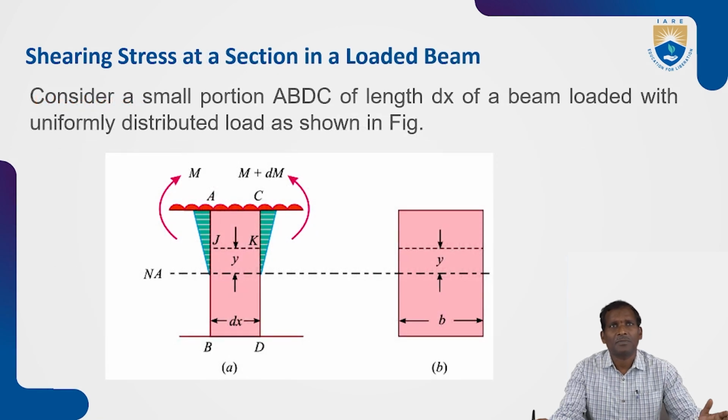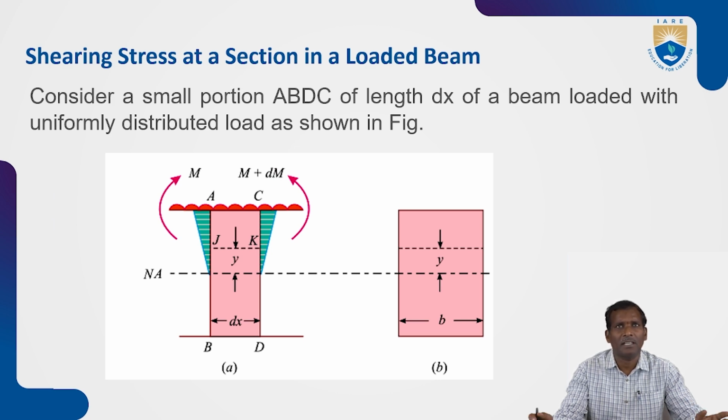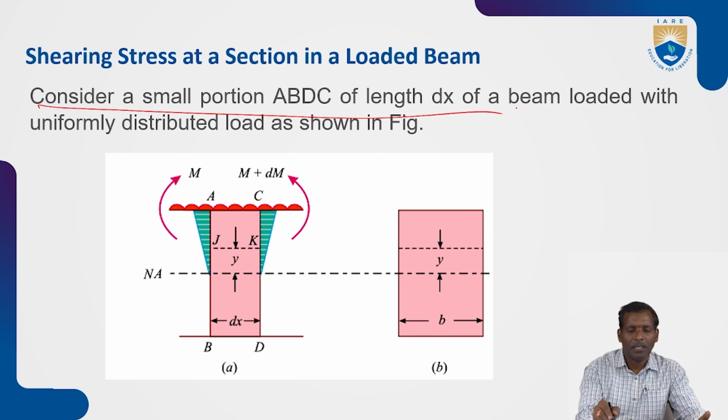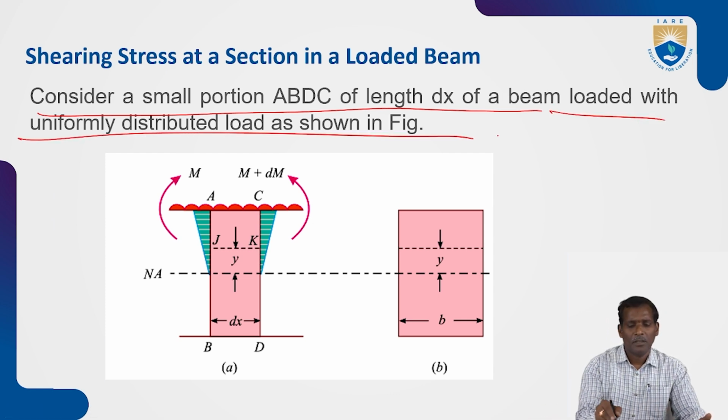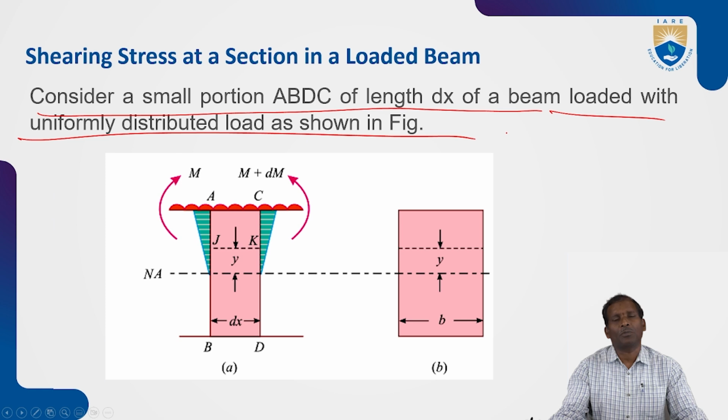See, in this figure, I will explain how to calculate this shearing stress. Consider a small portion ABDC of length dx of a beam loaded with a uniformly distributed load. Here is the shearing stress at a section in a loaded beam.